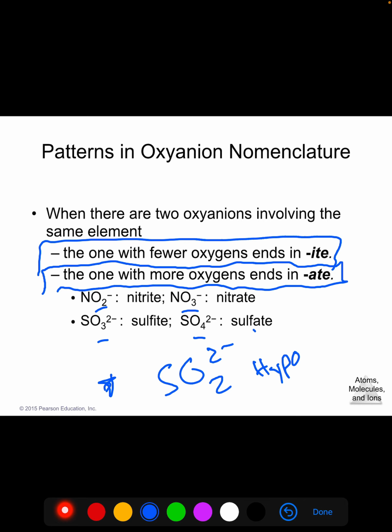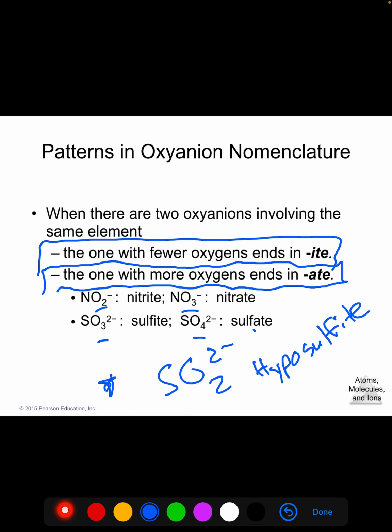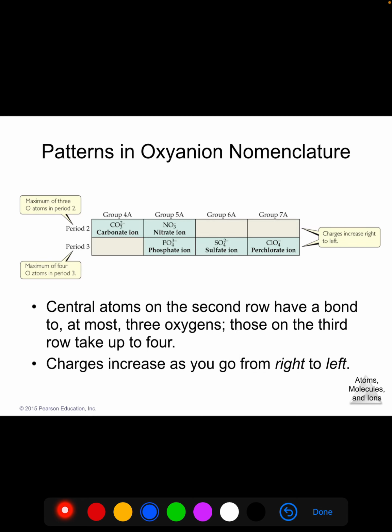It's called hyposulfite. Okay? And that happens sometimes, okay? If you discover a form that has even more oxygens, it is called, you add the per to it, okay?